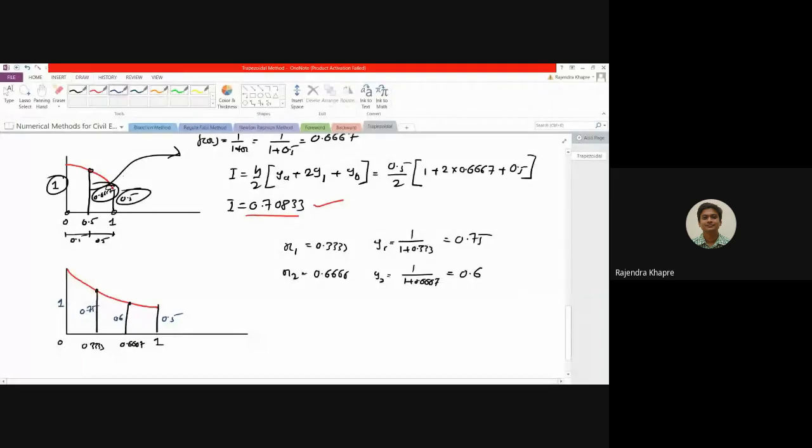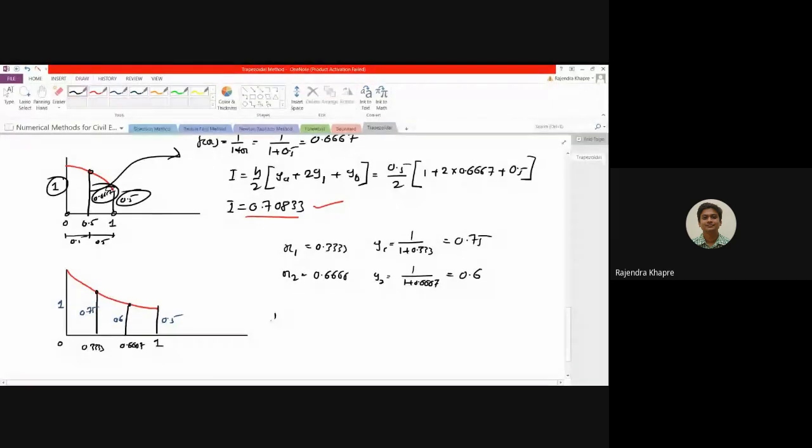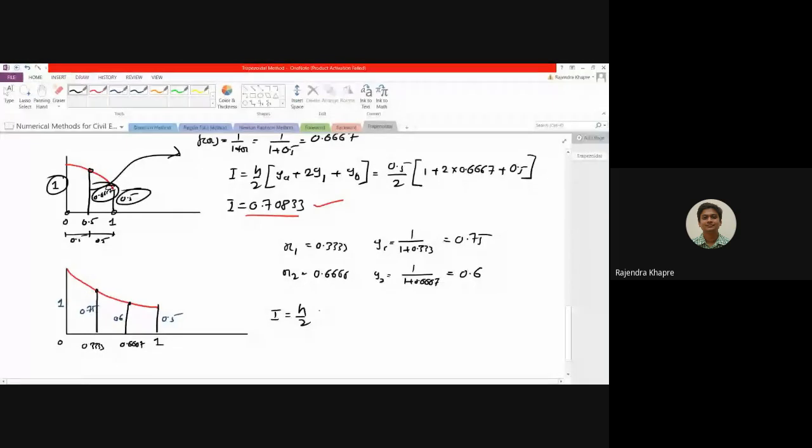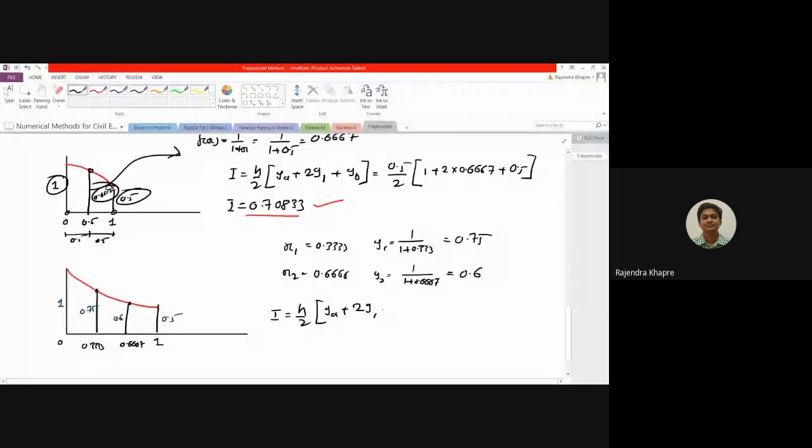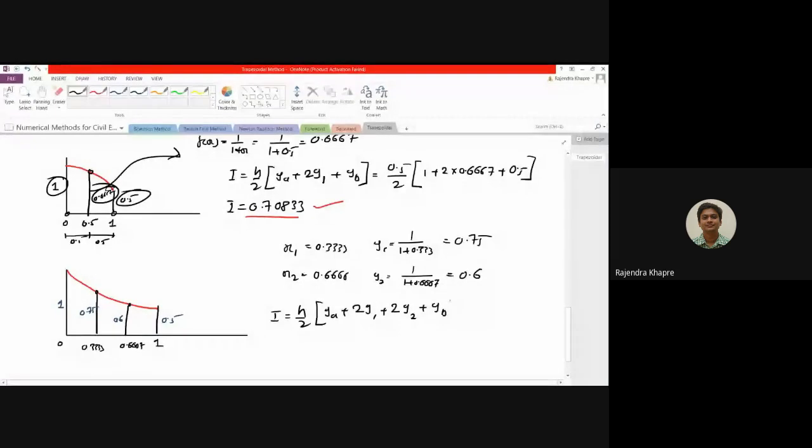Okay. So now you can have the integration, that is I equals h by 2 into ya plus 2 times y1 plus 2 times y2, plus yb.